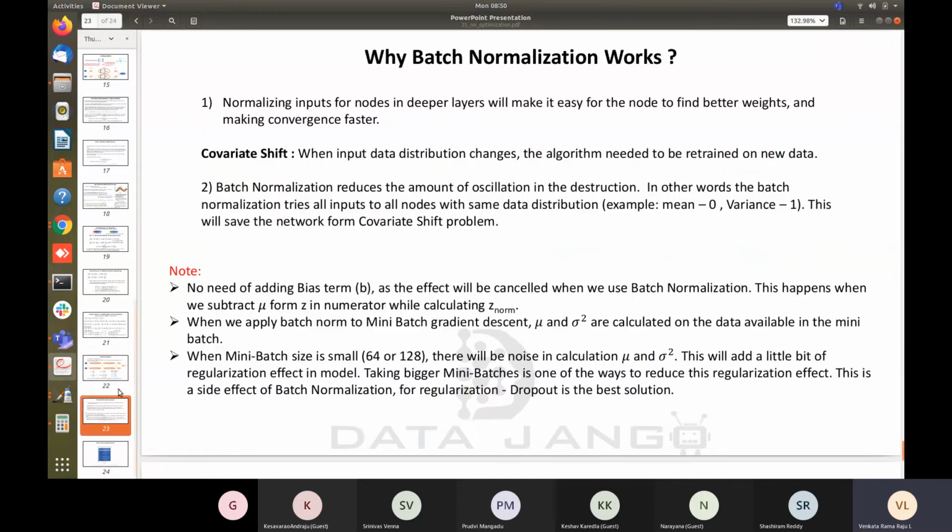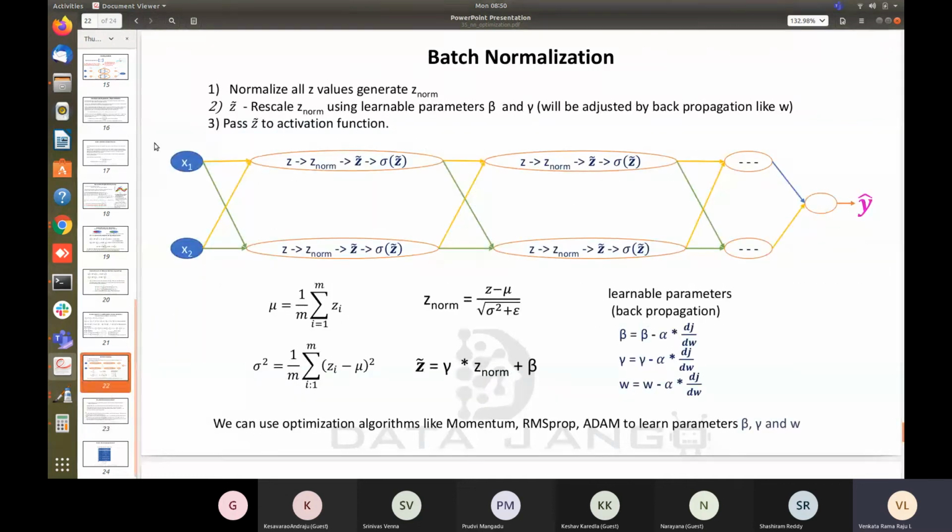Right? And if you see this here, if you take a 32-record batch, the mean and standard deviation are going to be different. When you take a 64-record batch, the mean and standard deviation are going to be different. When you take a 128-record batch, they are going to be different. Do you agree with that statement?